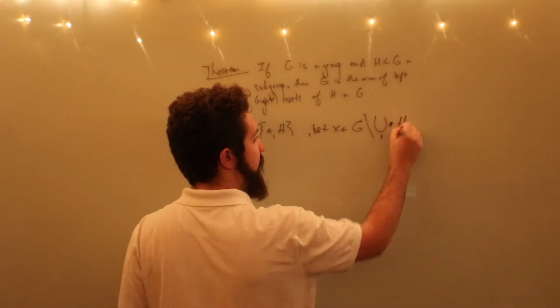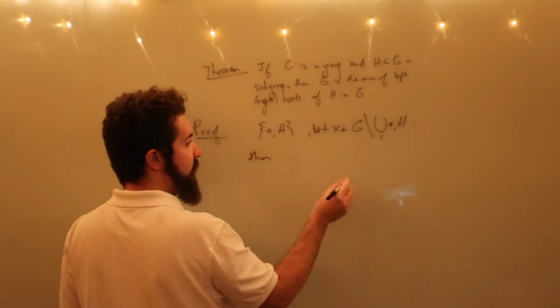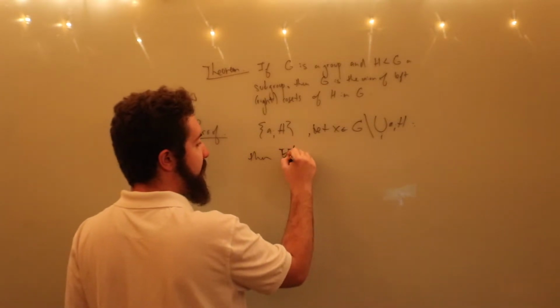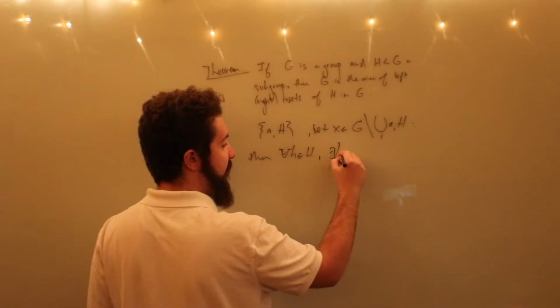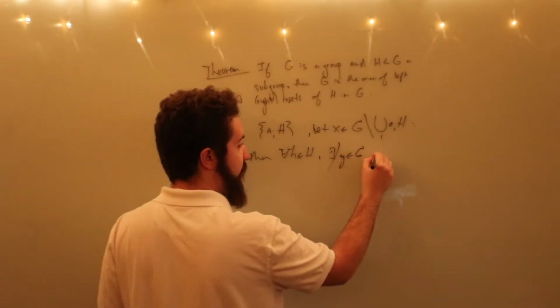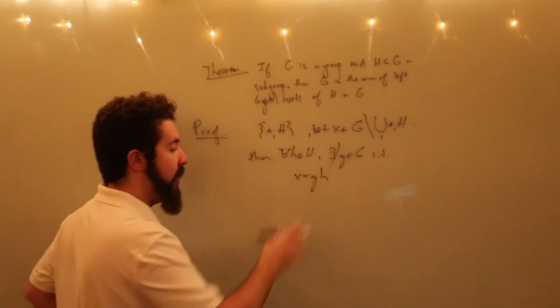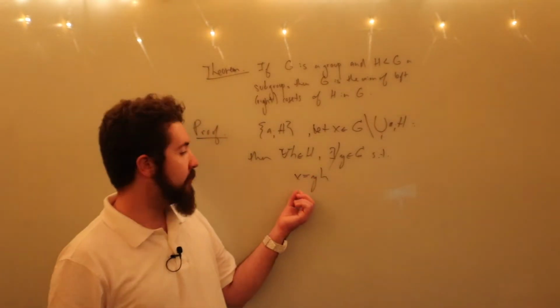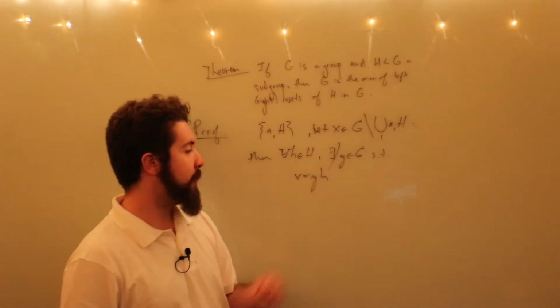So, G without that union. Then, for all elements h in the subgroup H, there does not exist any element y in G such that x is equal to yh. Otherwise, x would by definition be in this coset produced by y.